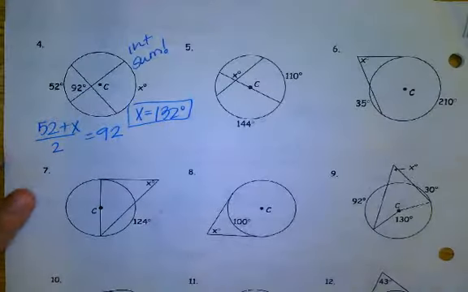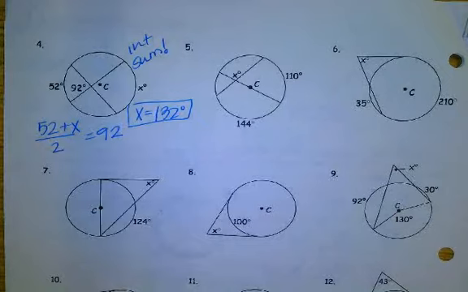Okay, 5, interior, exterior. Interior. Okay, this one's a little bit different. Why is that? Things are in weird spots. It's very odd. Okay. How do you figure out your other arc?